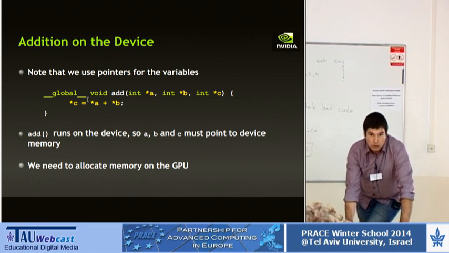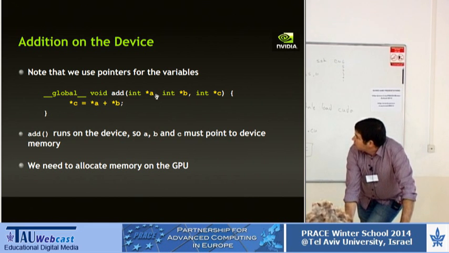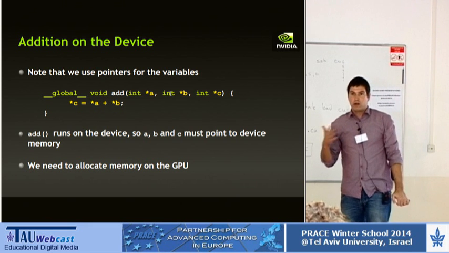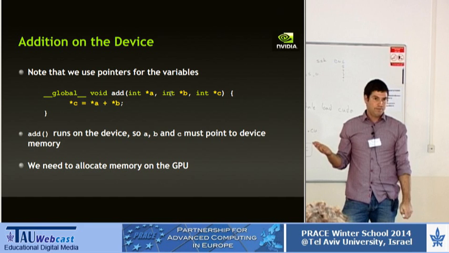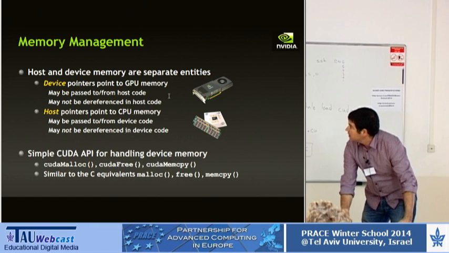We're going to use them in a moment to run on vectors. The pointers point to host memory or device memory? Device memory. Since this function is going to run on the GPU, the pointers need to be to GPU memory. We're going to see how it's done in one moment.